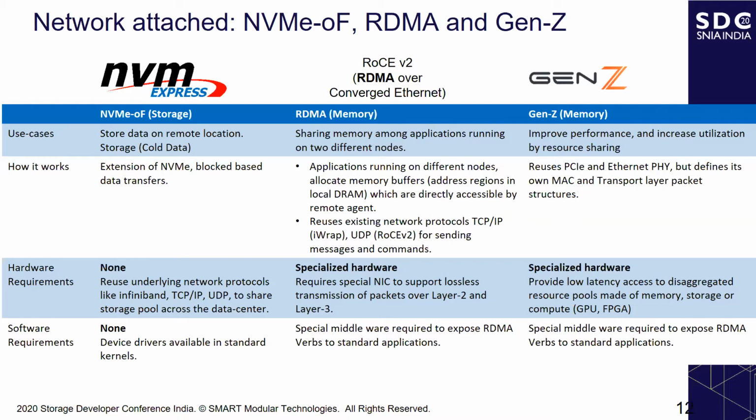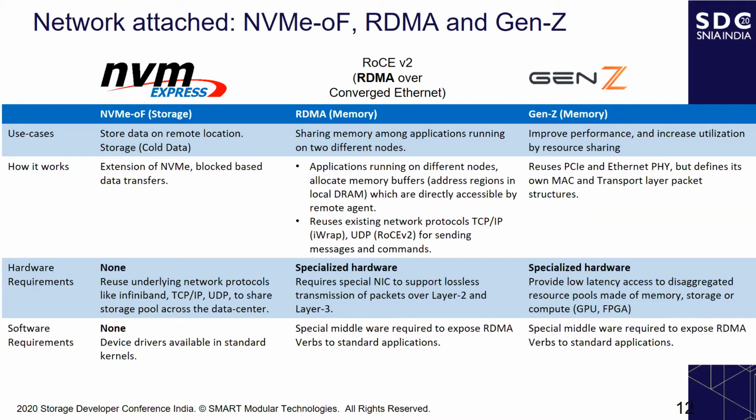Coming to a more futuristic approach is Gen-Z. Gen-Z is a solution which goes beyond the two protocols of NVMe over Fabric and RDMA and optimizes the performance by redesigning the stack from scratch. That means you reuse the PHY, the physical layer of PCI, and the Ethernet layers, but Gen-Z defines its own packet format for the MAC and the transport layers.